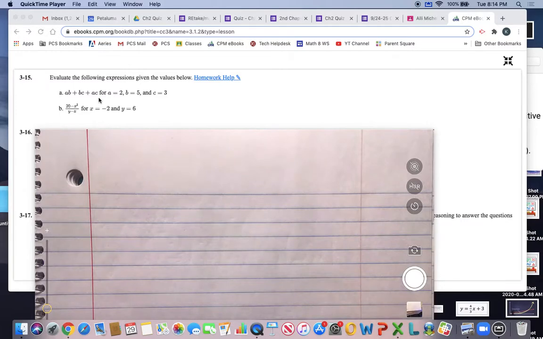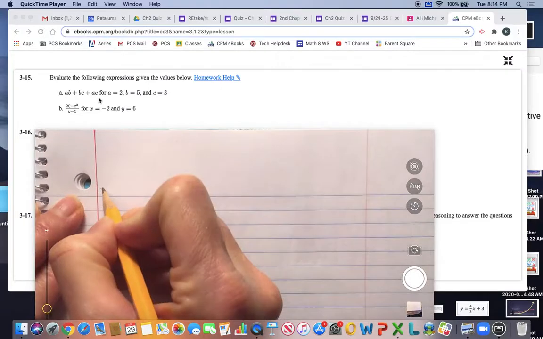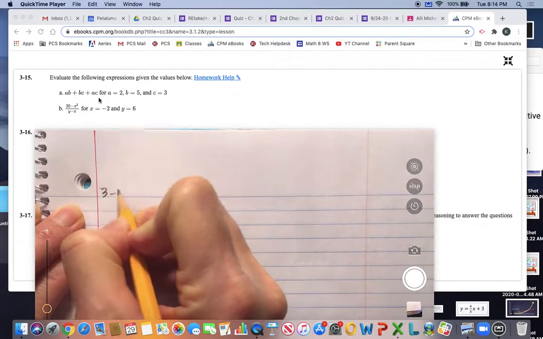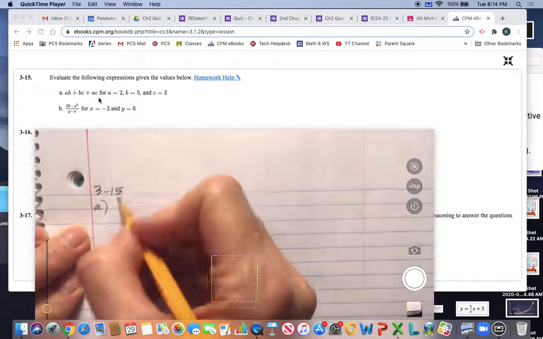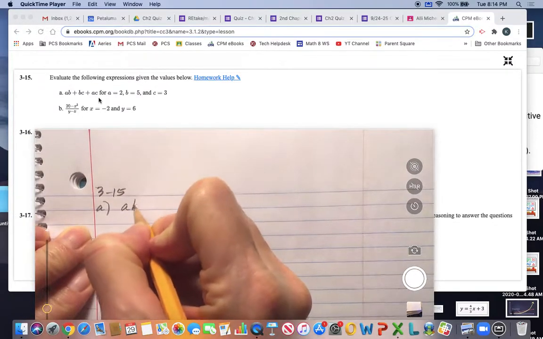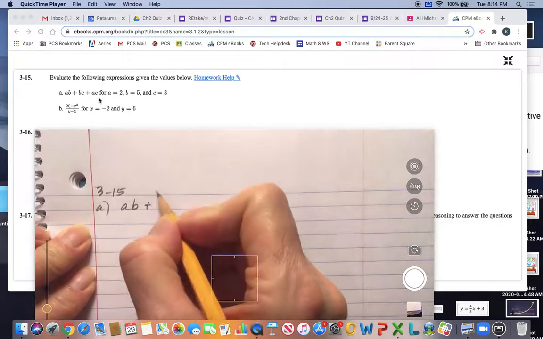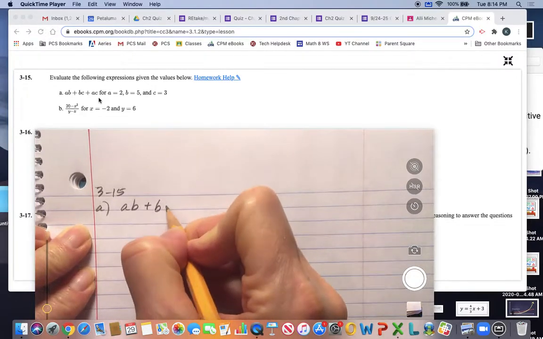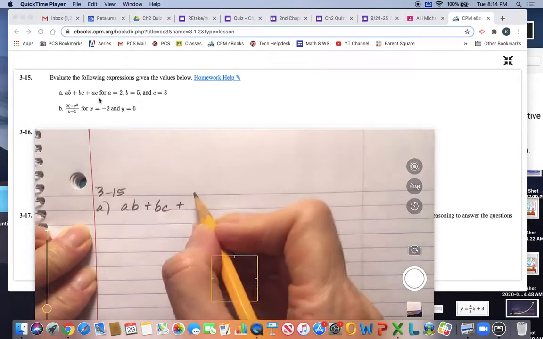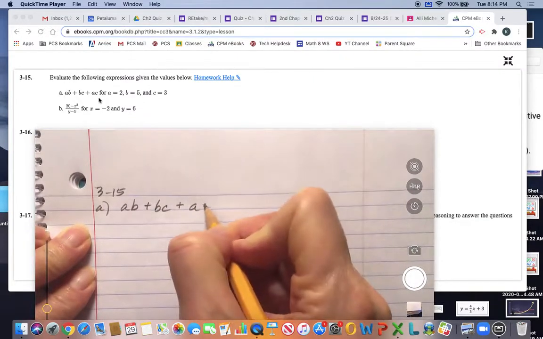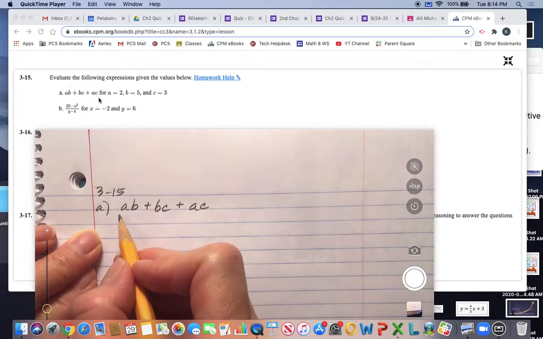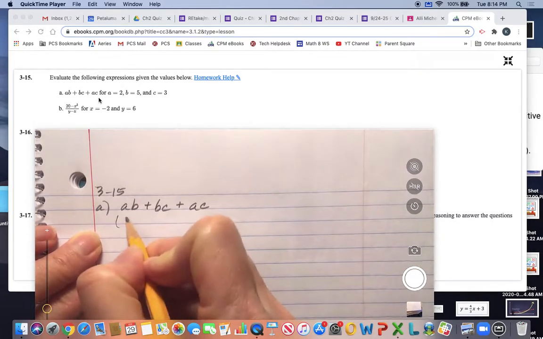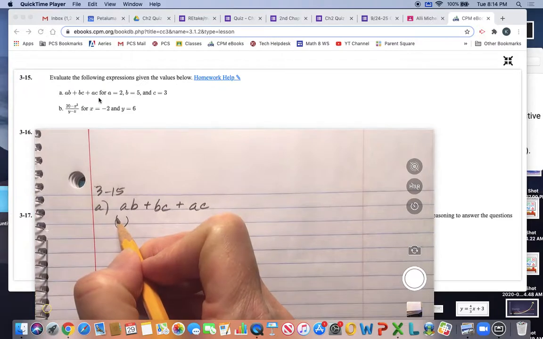So let's go ahead and do A. So I'm going to rewrite that first, 3-15A. And the original expression is AB plus BC plus AC. And now below that, I'm going to rewrite the variable, but with parentheses, and I'm going to put the value in.